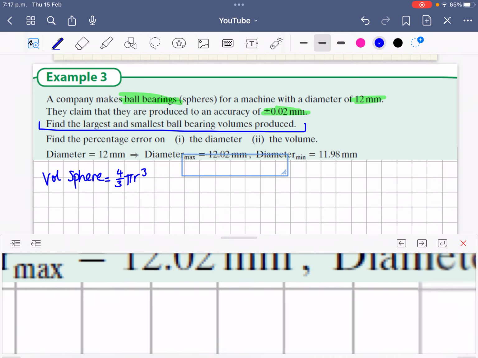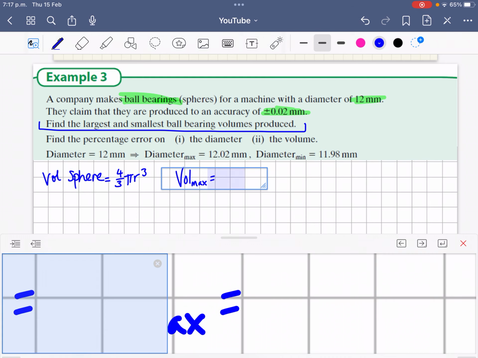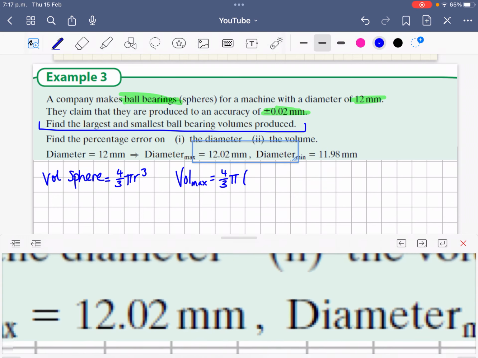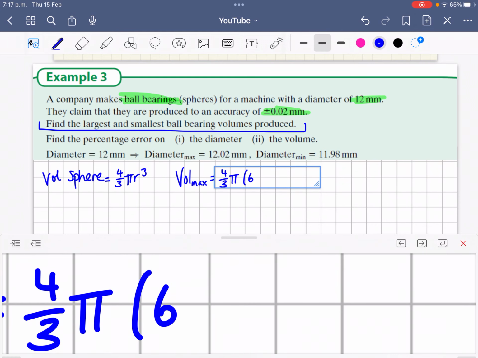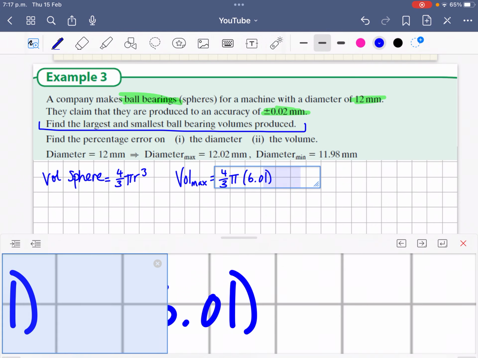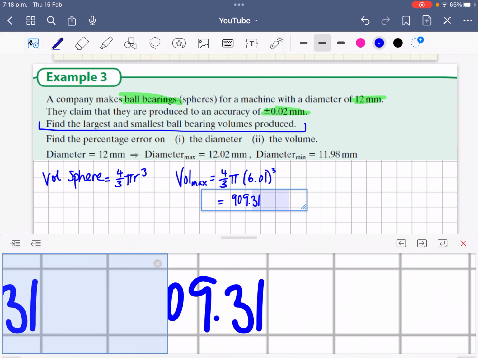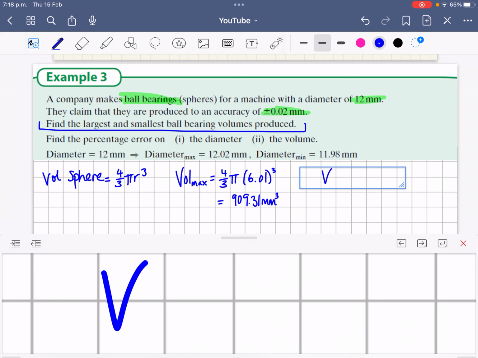And if we want our maximum volume, we have 4 over 3 pi, and half of the diameter is 6.01, cubed. And when we put that into our calculators, we get 909.31 millimeters cubed.